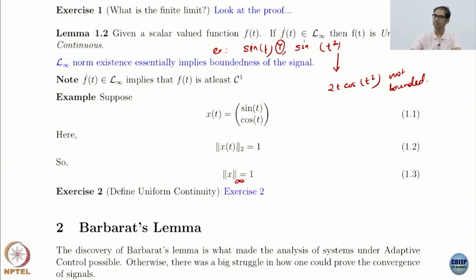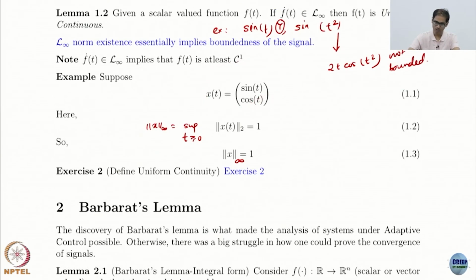The infinity norm is just the supremum over time of this, of any vector norm. Here we take the 2 norm. This is basically just saying that it's a bounded signal, and therefore it is L infinity. Any bounded signal is L infinity.